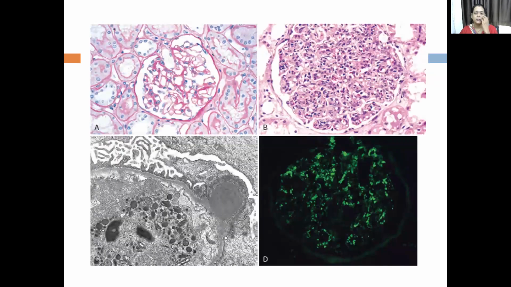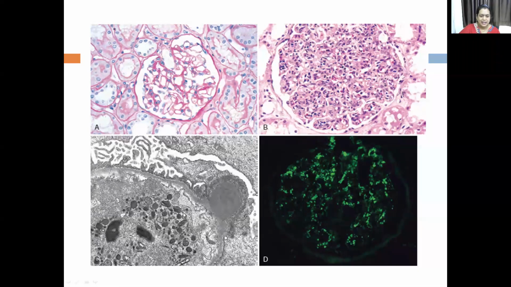Okay, so here we have a normal glomerulus, you can see. And here you can see the hypertrophied glomerulus because of proliferating glomerular cells and presence of numerous leukocytes. So you can see the normal glomerulus, and this one is the hypertrophic glomerulus with proliferating glomerular cells and leukocytes.